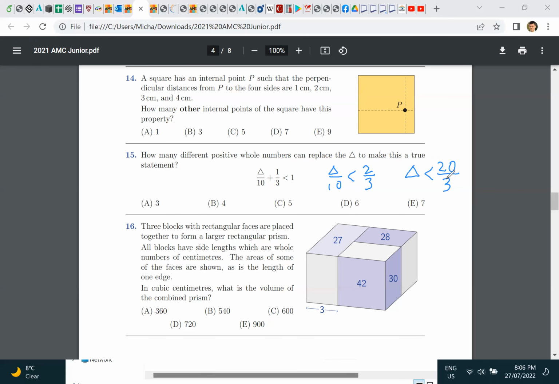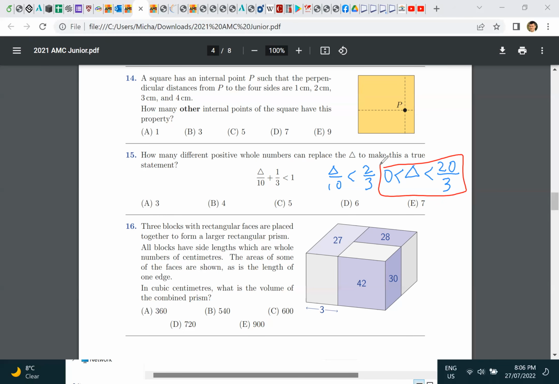And obviously we're told it's got to be positive, right? So we're left with this condition, and we're looking for all the integers that satisfy that condition, yeah?